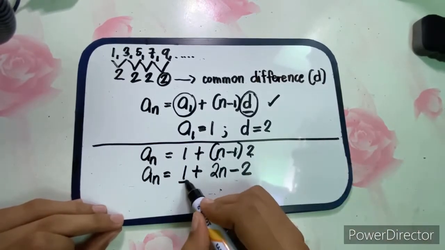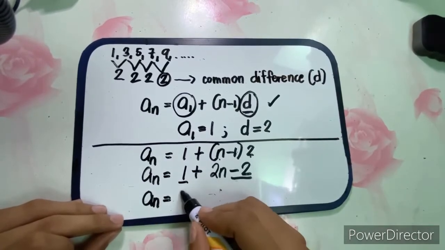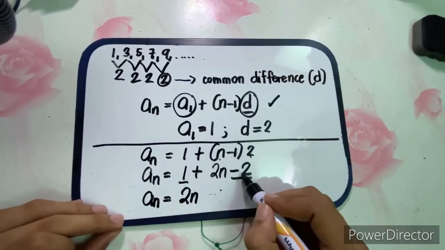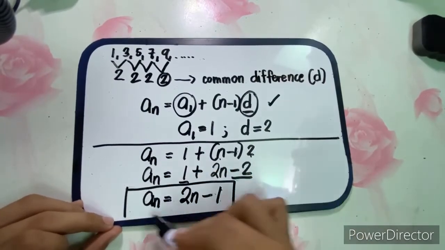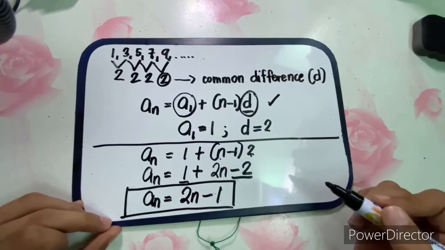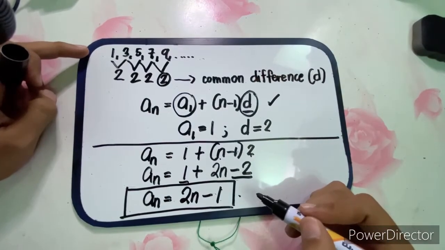Then you can subtract this one. So a sub n is equal to 2n, 1 minus 2 is negative 1. So this is our explicit formula of the arithmetic sequence 1, 3, 5, 7, 9, and so on.